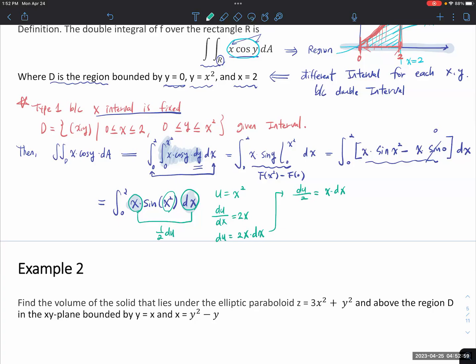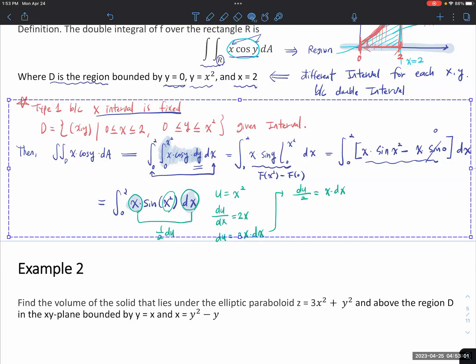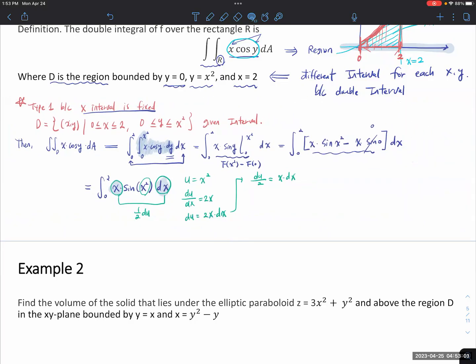So this is a u substitution. I'm not doing anything special. We learned this concept, the u substitution. Now go back. So now what happened? Integral 0 to 2, everything is going to be written in the u variable. So sine u, because x squared was u. And then I have x times dx, which is going to be 1 over 2 du. So we're going to bring 1 over 2 to the front: 1 over 2, integral 0 to 2, sine u du.